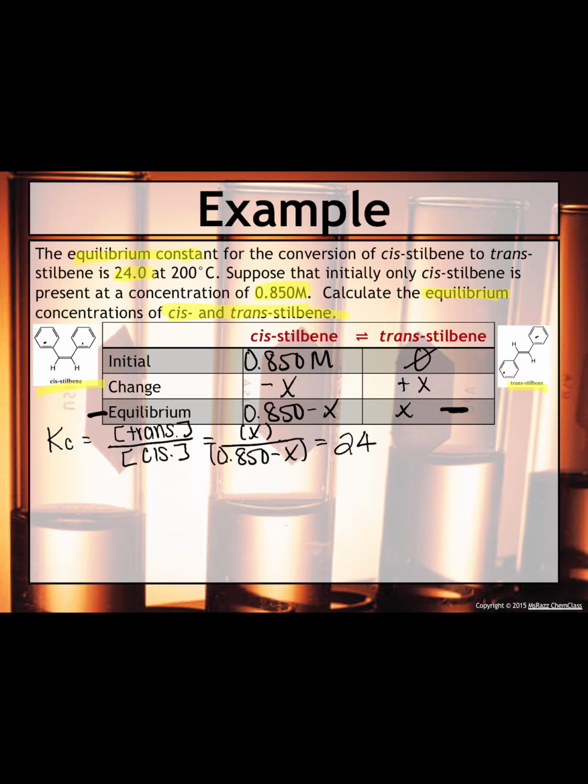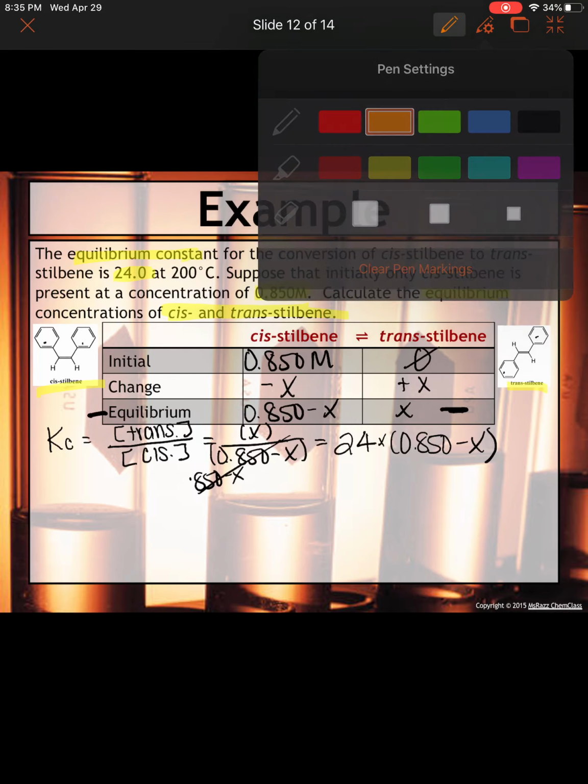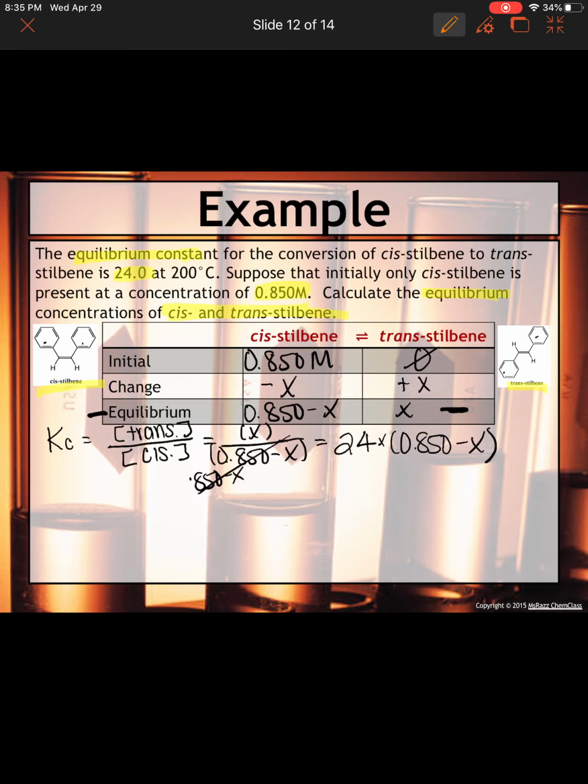Right now I have 0.850 minus x, so I'm going to move that to the other side by multiplying both sides by 0.850 minus x, which cancels that out here, times 0.850 minus x there.